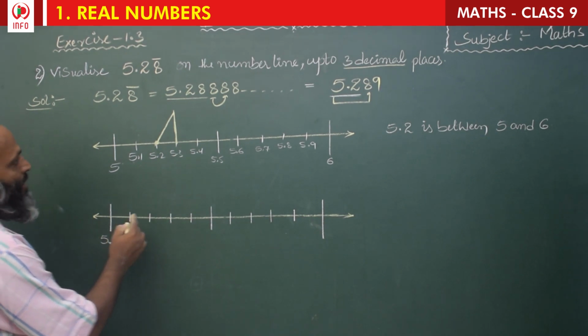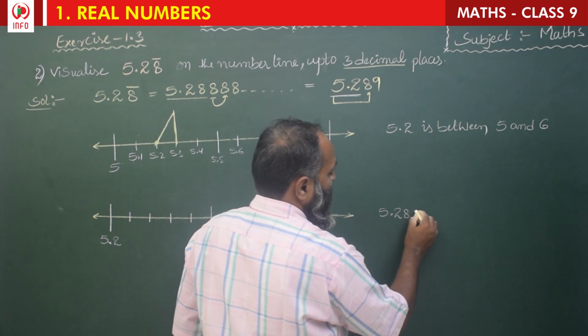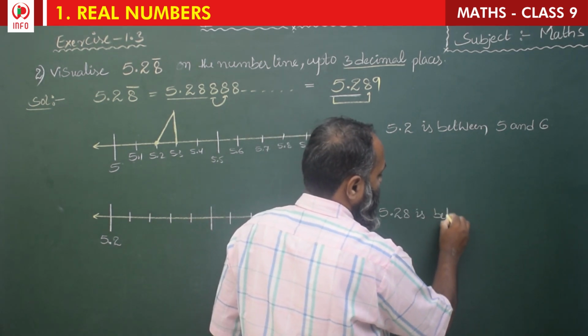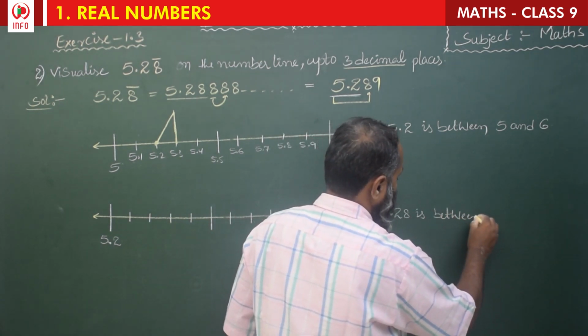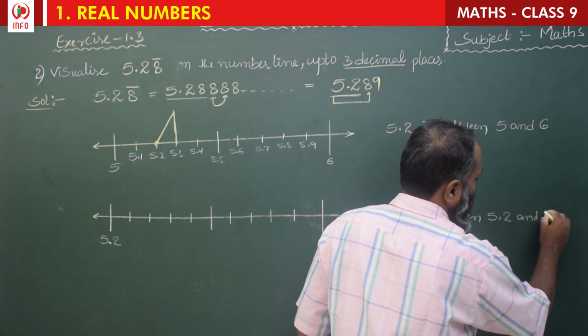So what we need? 5.28. 5.28 is between 5.2 and 5.3.